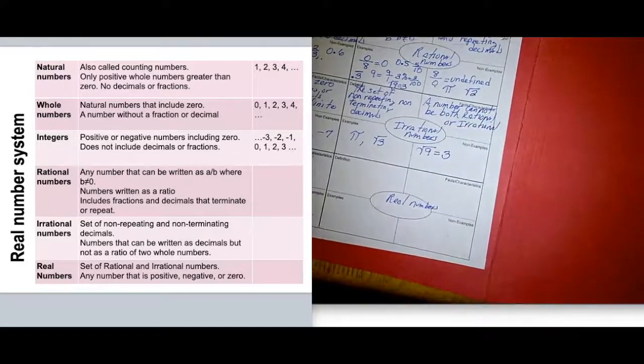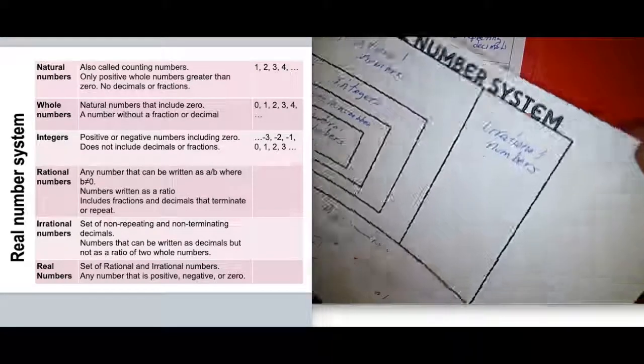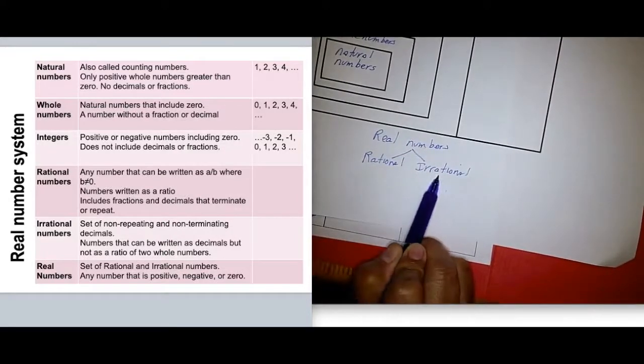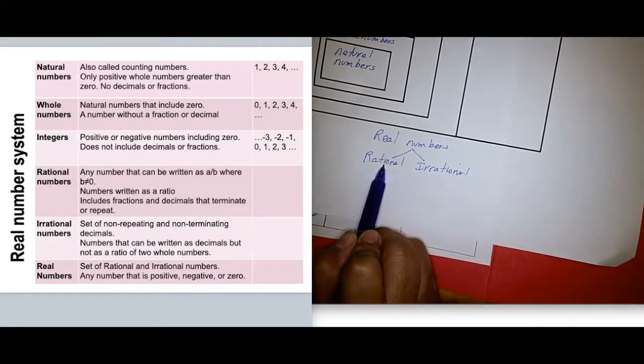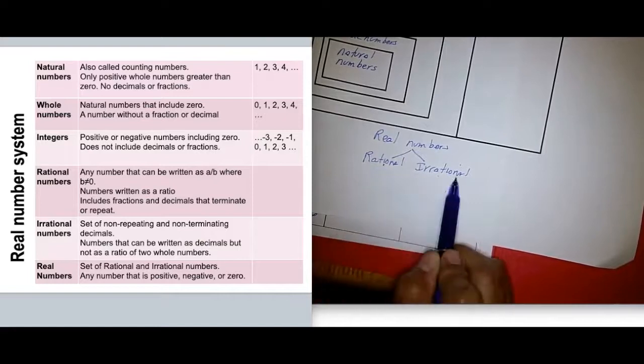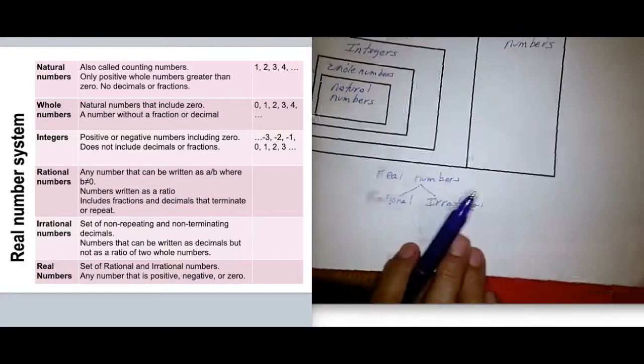A number is either going to be rational or it's going to be irrational. A real number is either going to be rational or irrational. Rational numbers include terminating decimals. It includes repeating decimals. Irrational numbers are my non-repeating, non-terminating decimals.